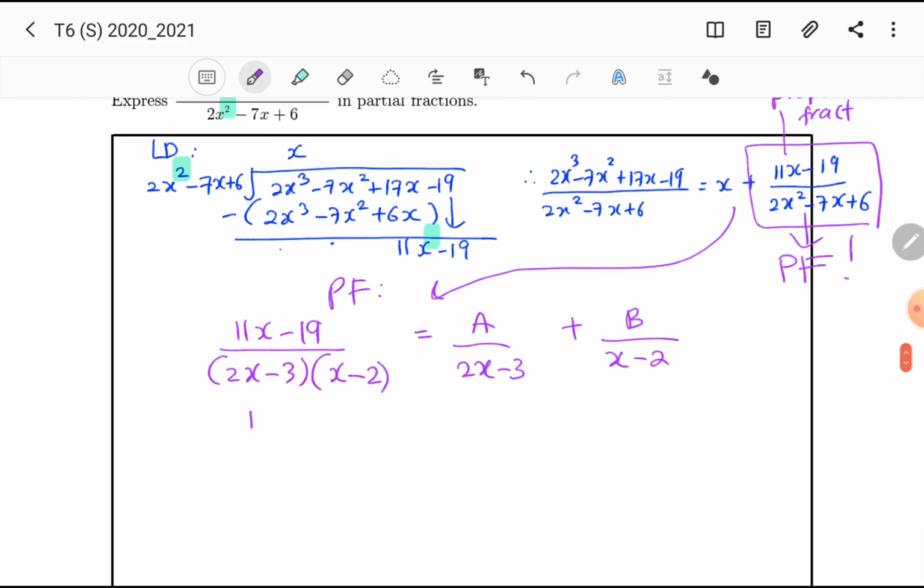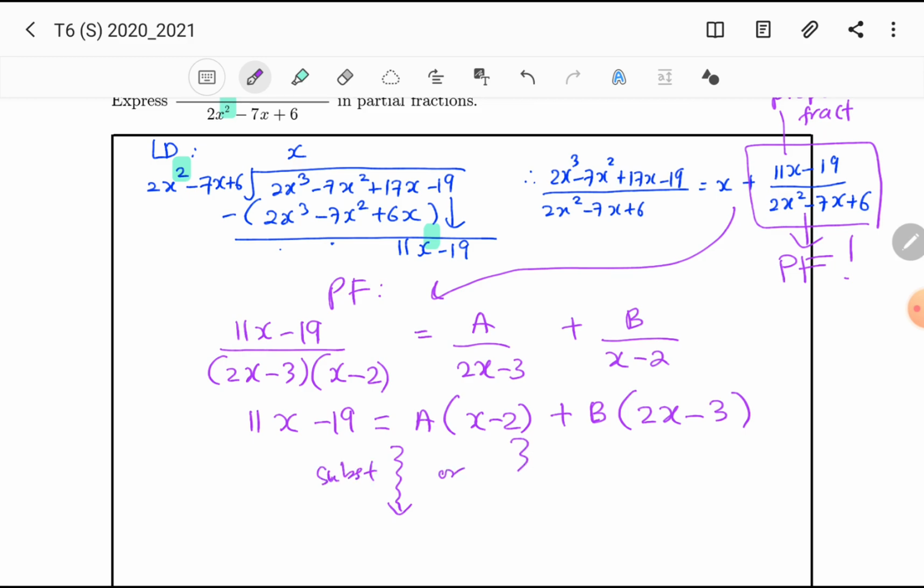Okay. So, equate the denominator. So, we will get a times x minus 2 plus b times 2x minus 3. Okay, repeat the same step lah. Sama ada substitute ataupun by comparing.